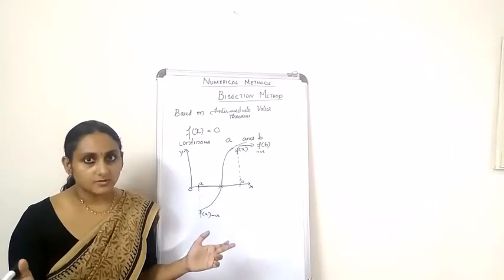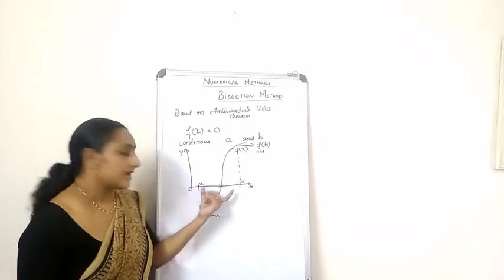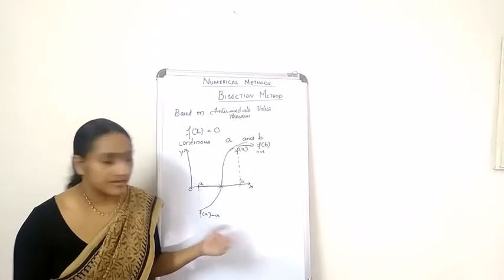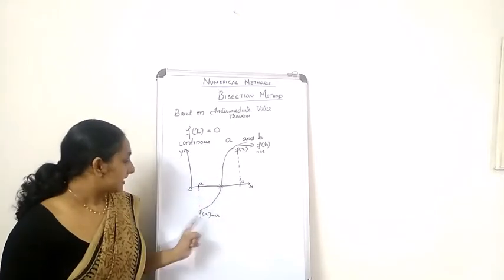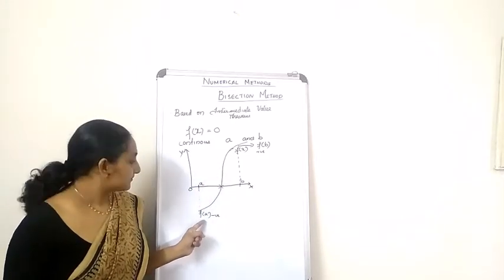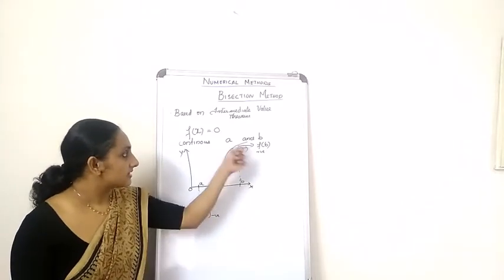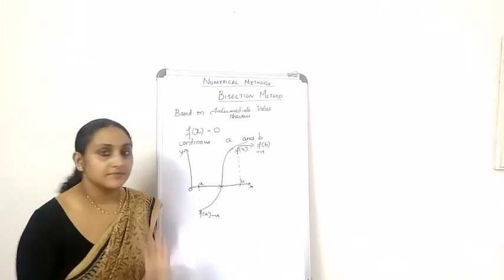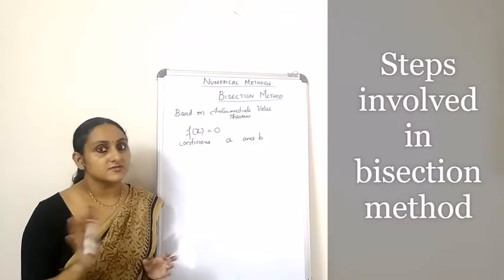The only thing that you have to remember is that f of x is a continuous function between any 2 points. It could be A and B, or in between the interval A and B, and it takes the value f of A, and that can be negative, and f of B, and that can be positive. Okay, so I hope you have understood the diagram.